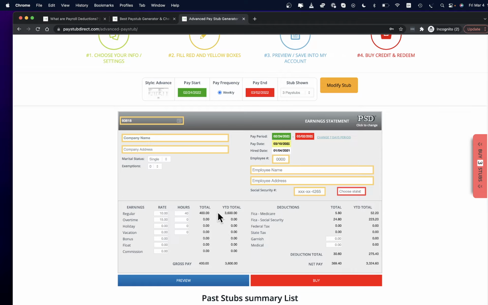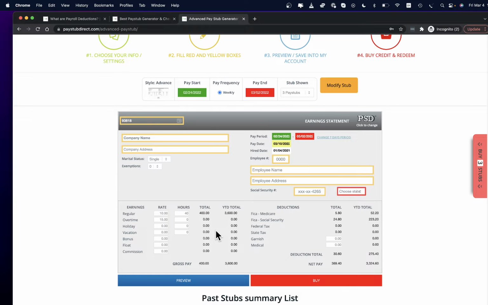It also helps to understand what year to date is, which means what you have made this year. If you're getting paid once a week, it's $400 times the number of pay periods. At the end of the year it'll be times 52, and the first pay period is going to be 1.